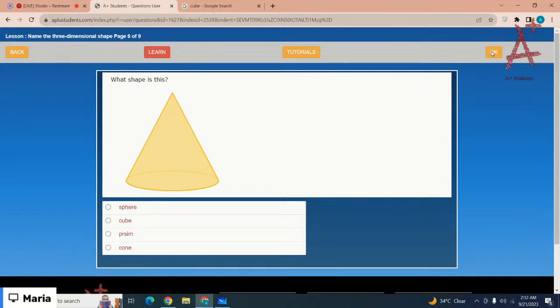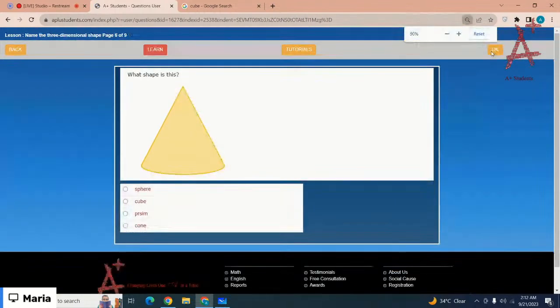What shape is this? Which is the correct option? Yes, that is a cone, right? The correct option is cone.